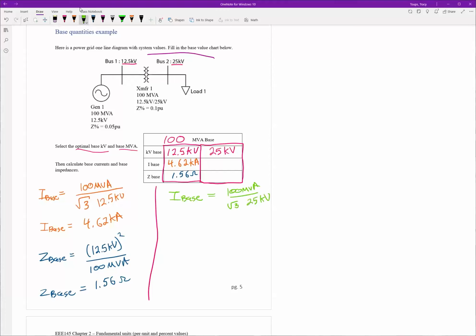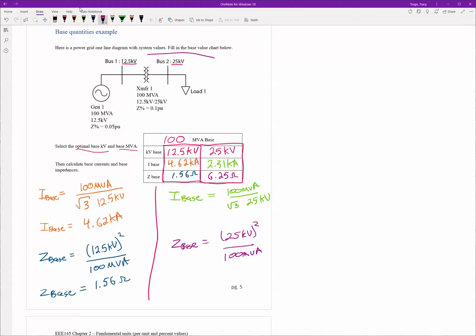Number crunching that, this is going to be 2.31 kiloamps. And then lastly, for our Z base, again we're on the 25 kV side, so it's going to be 25 kV squared divided by 100 MVA, which would be 6.25 ohms.